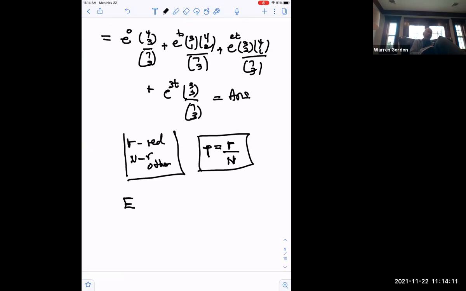I can show for the geometric distribution, it turns out to be a simple formula for the expected value.